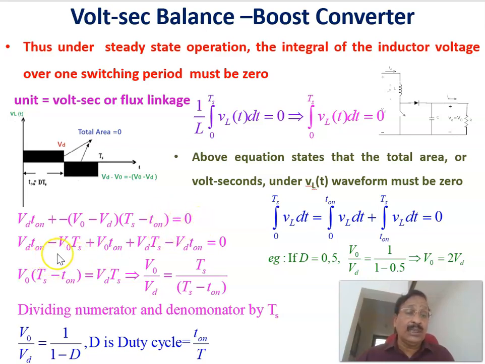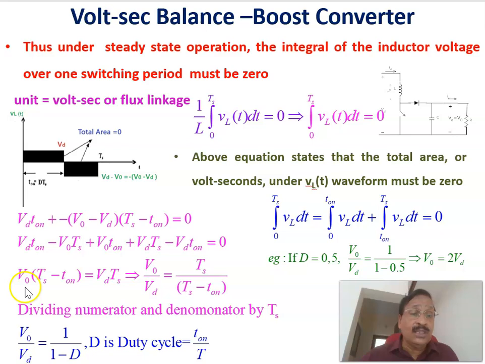That is, Vd into Ton minus V0 into Ts plus V0 into Ton plus Vd into Ts minus Vd into Ton should be equal to 0.